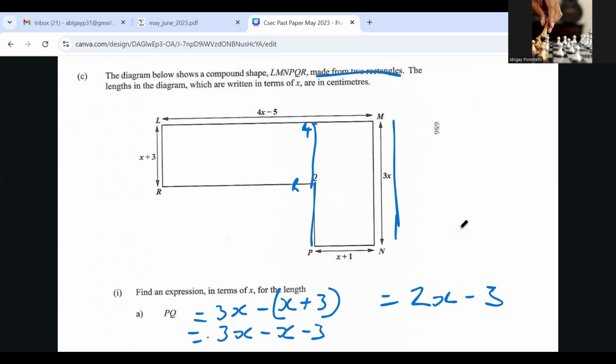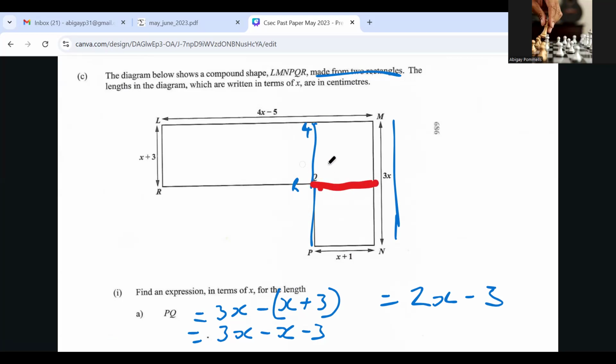And we're going to chop up our two rectangles. Now, this is how I would chop it up. So just follow the red line. So the red line is what I mean for that question right there. So this is how I will chop it up, to make it look like a rectangle.